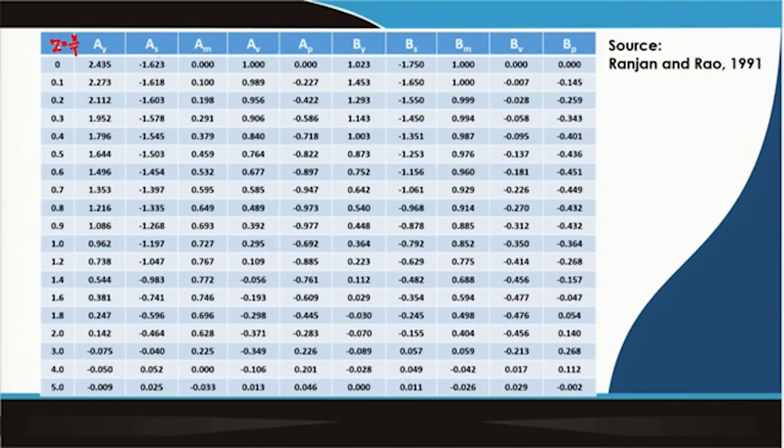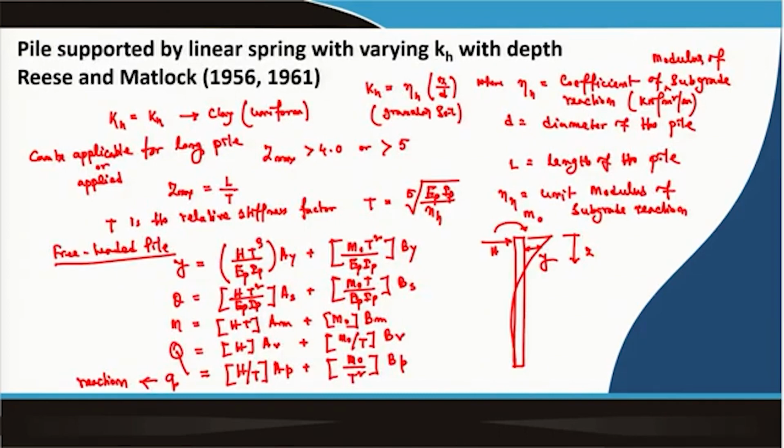Okay. So, this is A y, A s, A m, A v, A p, then B y, B s, B m, B v, B p. All these coefficients can be determined for any z value. Okay. And these equations are valid for a free headed pile. So, what will happen if it is a fixed headed pile?